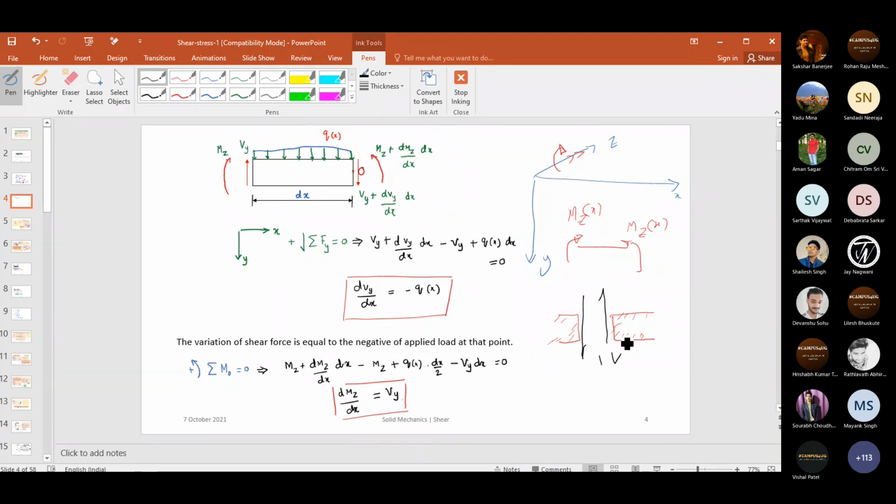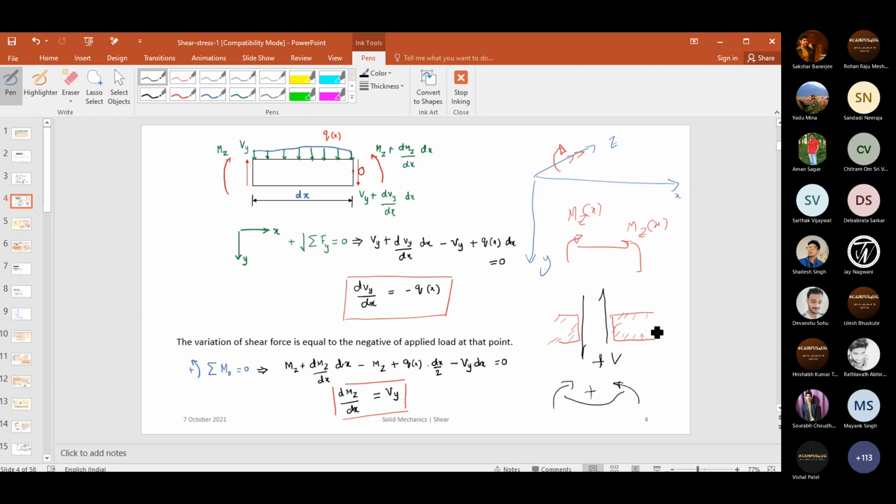That means on the left side the top is plus, and on the right side the bottom is negative. This is the sign convention. For bending moment, you take this as the sign convention. This is the usual sign convention we assume as engineers. Somebody says, why not take the other way around, shear force as positive? I don't have any answer. You can choose that also.